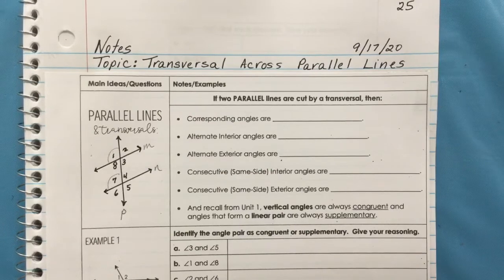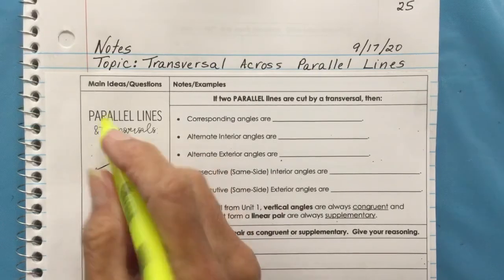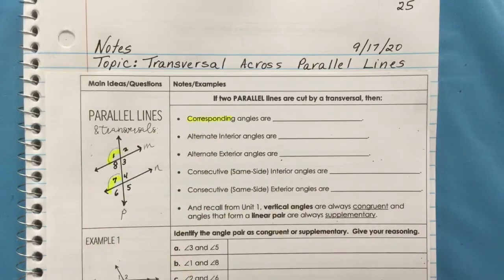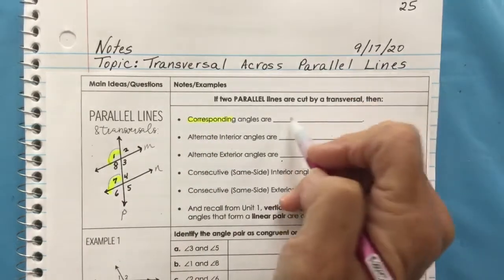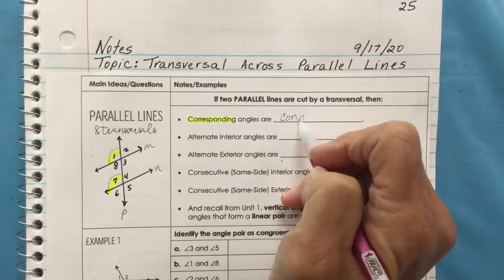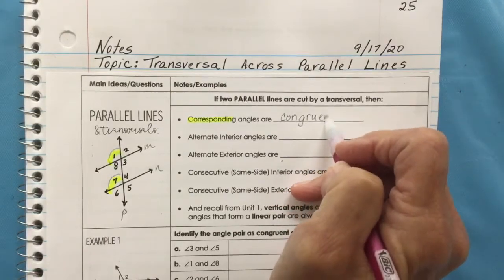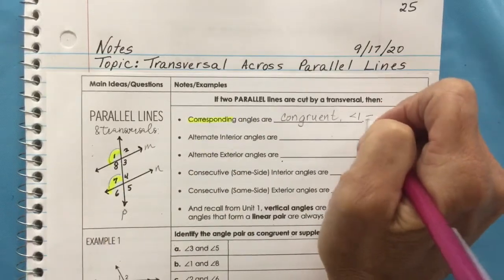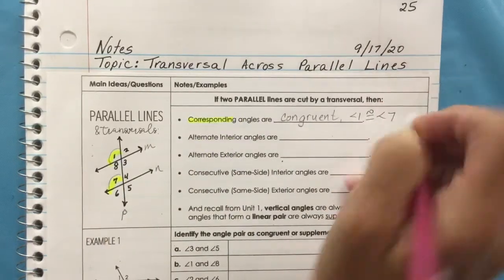And so whenever the lines are parallel, our corresponding angles are congruent. So that would mean that angle 1 is congruent to angle 7.